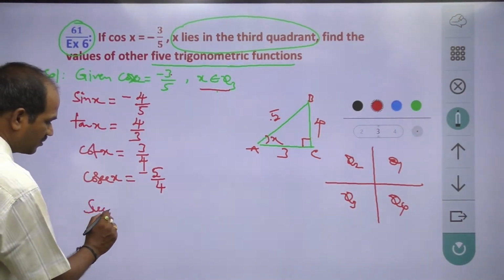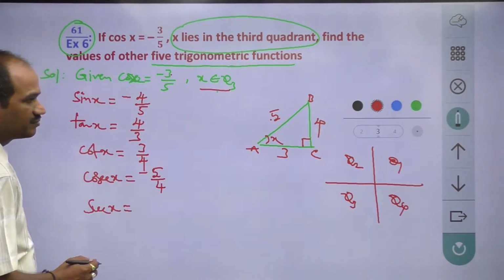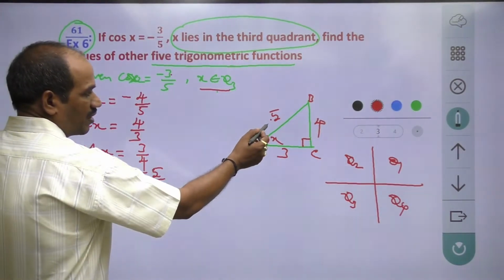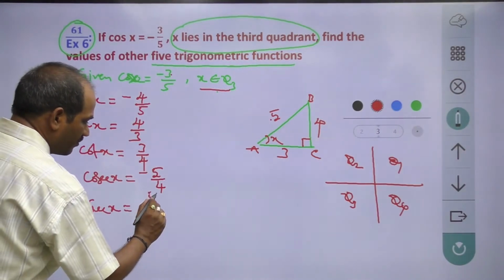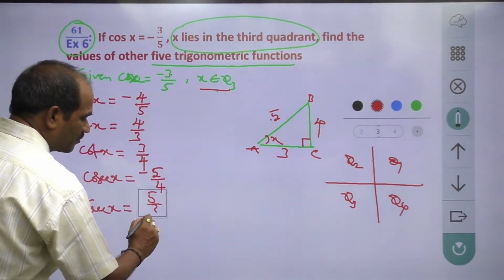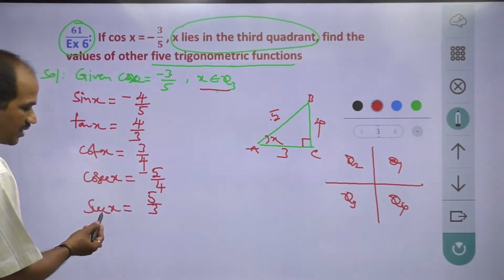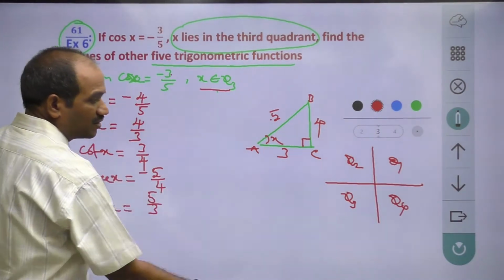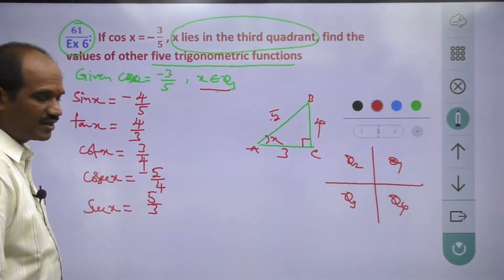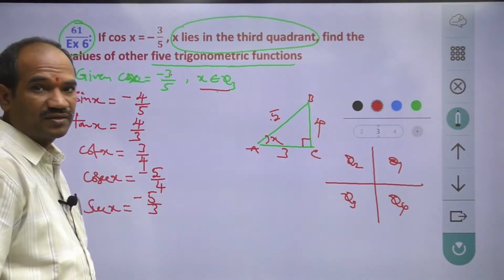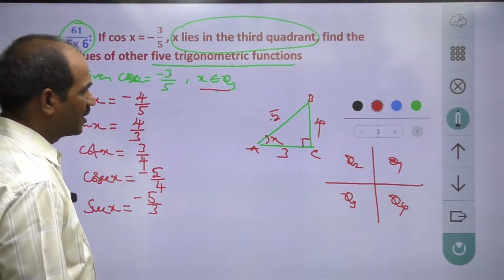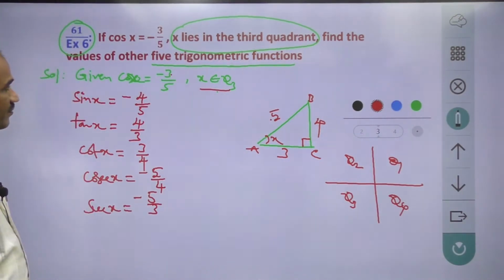Secant x is hypotenuse by adjacent side, so that is 5 by 3. In the third quadrant secant is negative, so that is minus.